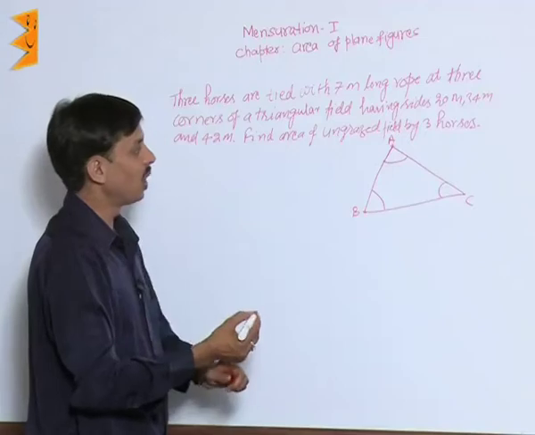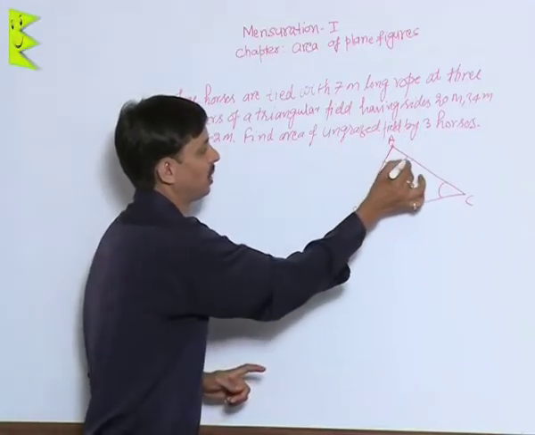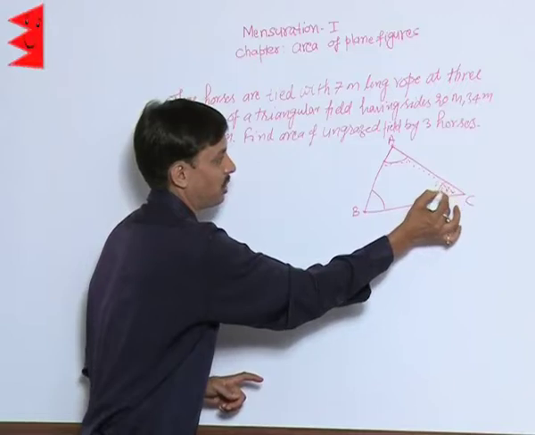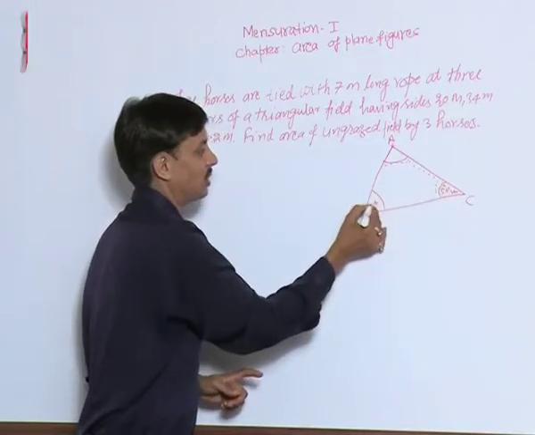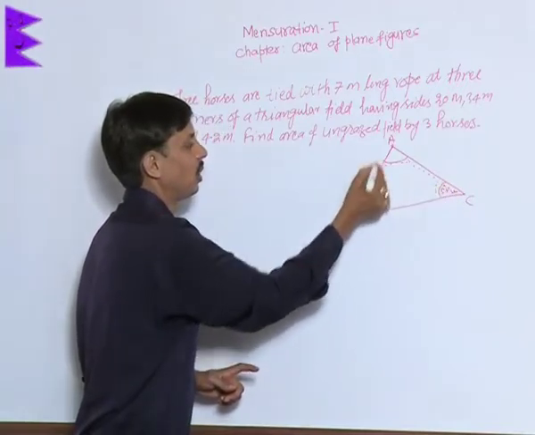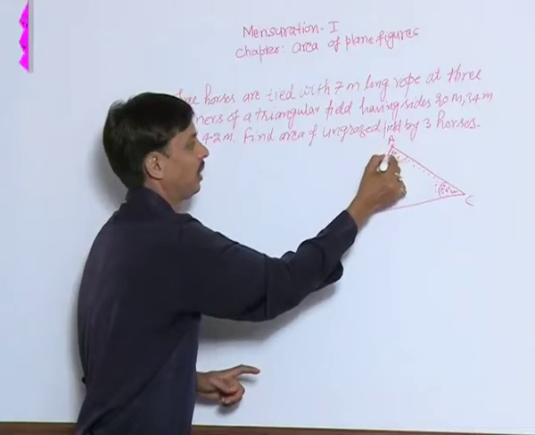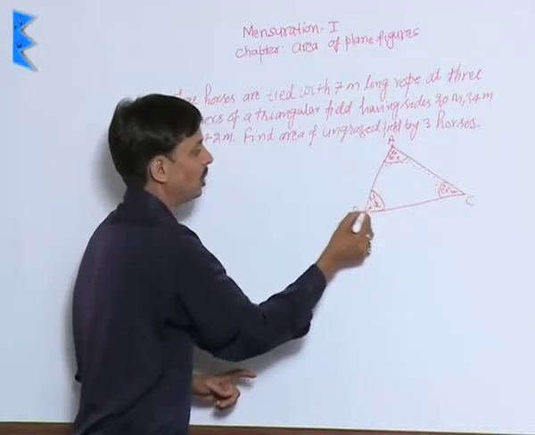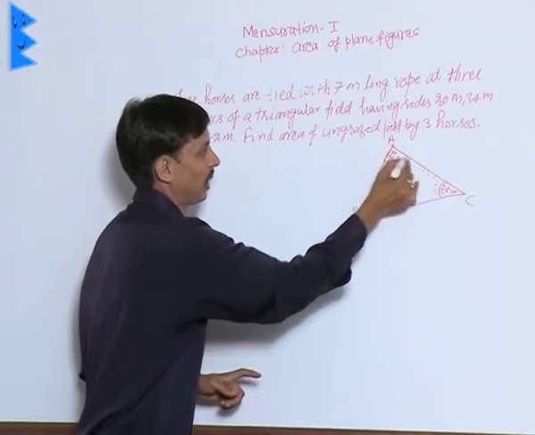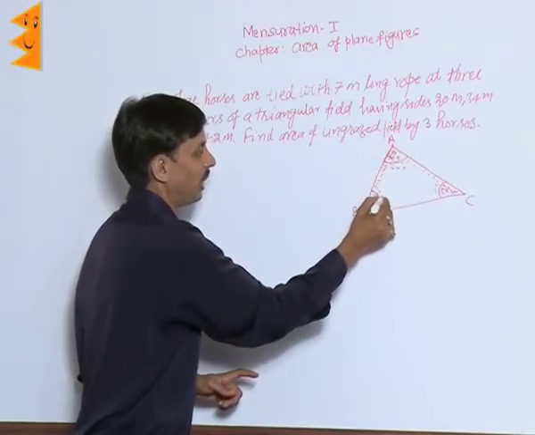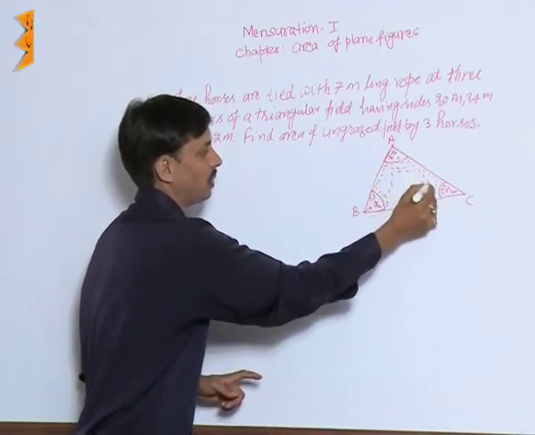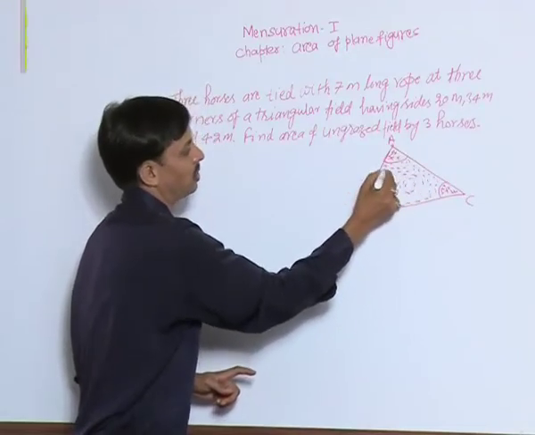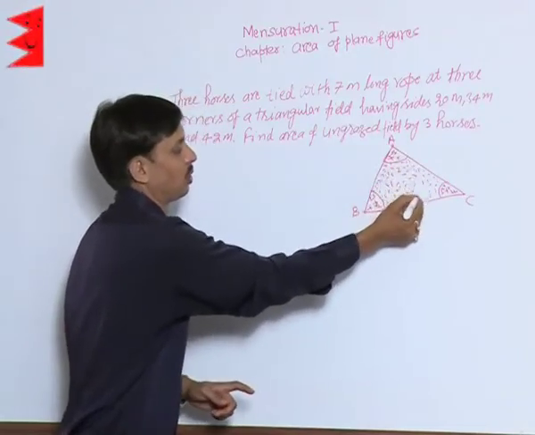I want to tell you how to find the area of the ungrazed part. This one where I am putting crosses, these are the areas grazed by horses. And if from the area of the triangle, the area of these 3 sectors is subtracted, then we are left with the area of the shaded portion, dotted portion, or portion which is not grazed by 3 horses.